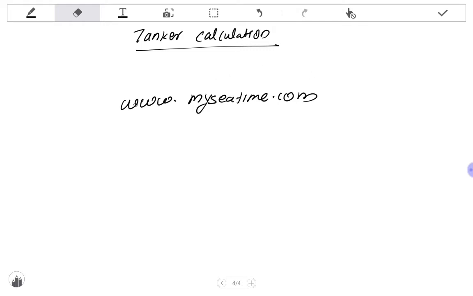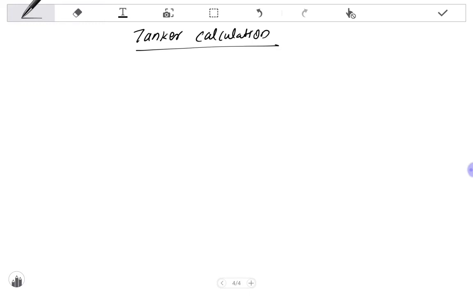This was written by Captain Rajiv. If you have any doubt about the methods I am using or the steps I am telling, please refer to his blog. He has explained everything very beautifully.